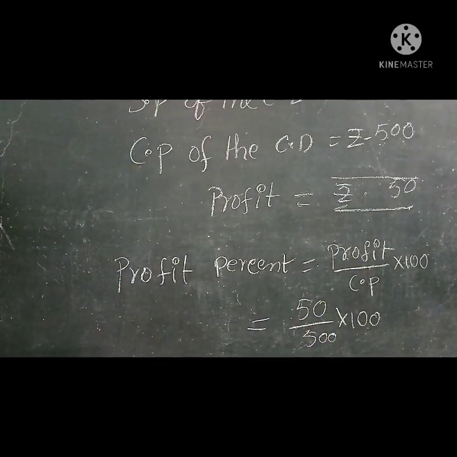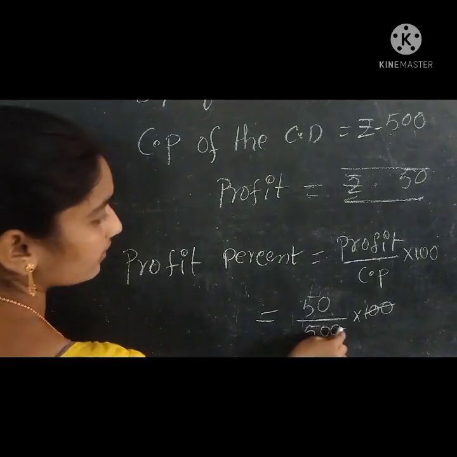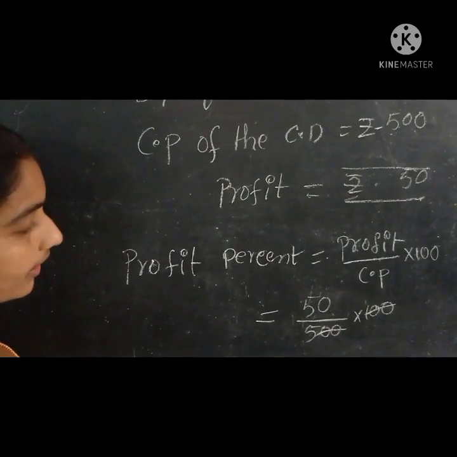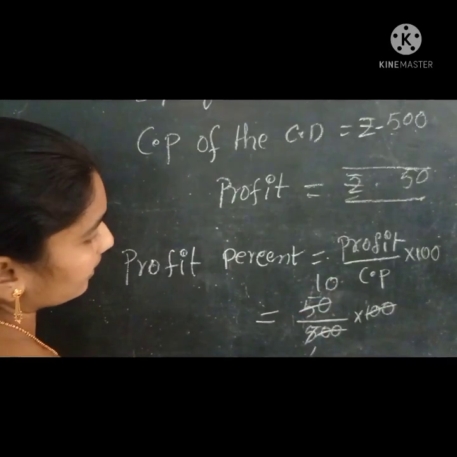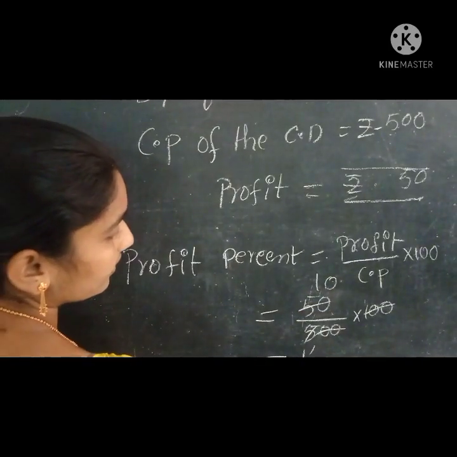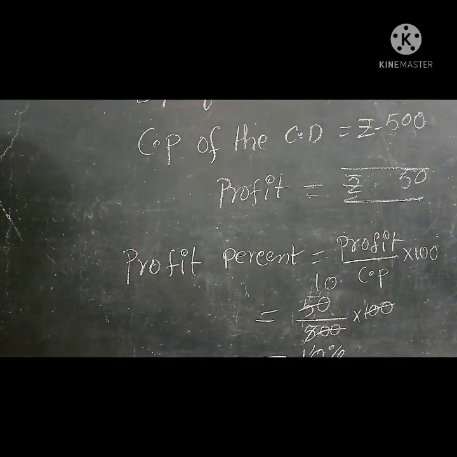So cancel these two zeros. 5 ones are 5, 5 tens are 50... So what is the percentage here? 10%. So profit percent is equal to 10%.